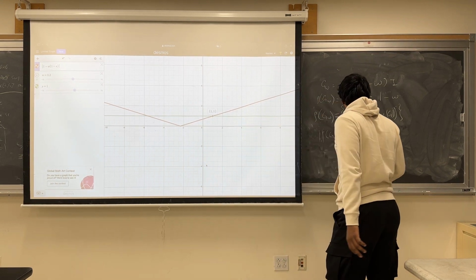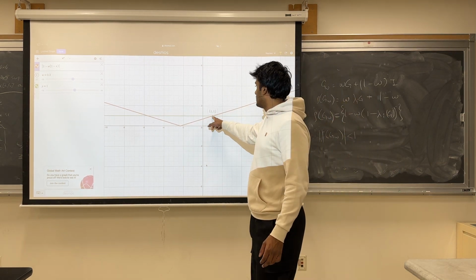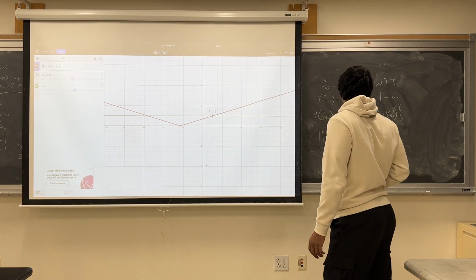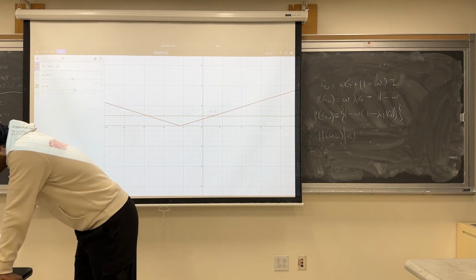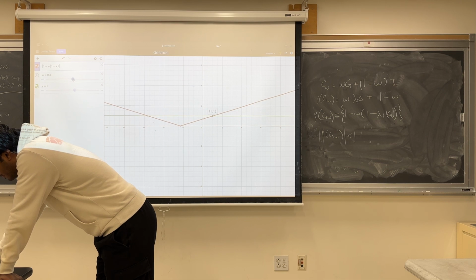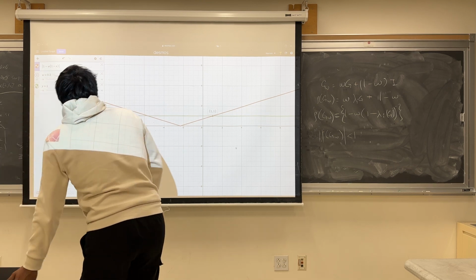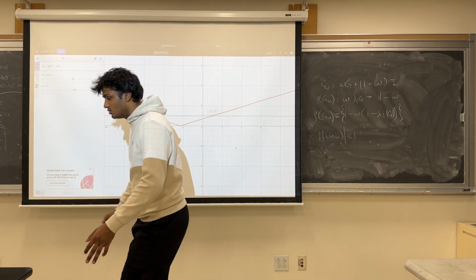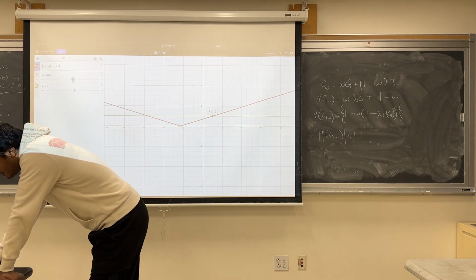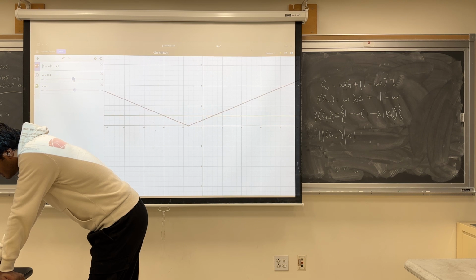So the eigenvalues of my G matrix should always be less than 1. That's the main condition. If I had an eigenvalue greater than 1, then no matter what omega I choose, I will never be able to get it to behave in this manner.